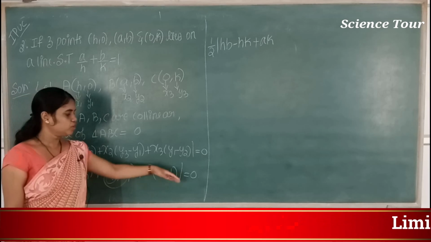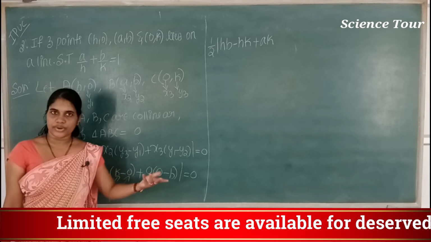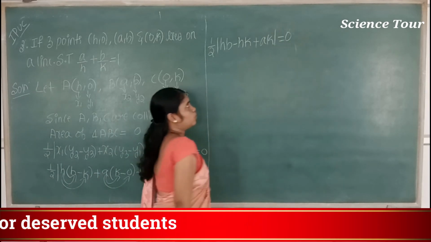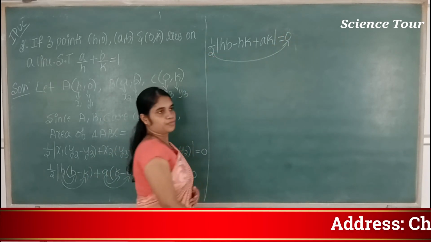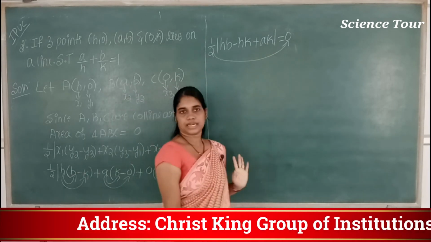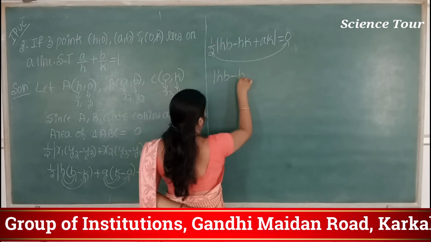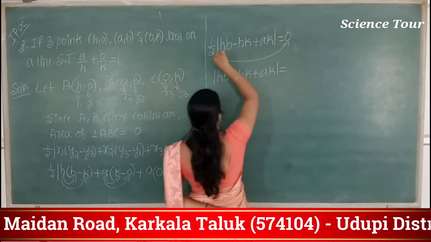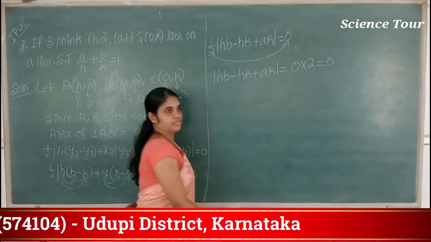Next 0 into 0 minus b: if you multiply 0 with any number, that is equal to 0 itself, so no need to write. Close the modulus symbol and write equal to 0. Now I'll multiply this 2 with 0 because 2 is in the denominator. Now you will get hb minus hk plus ak equal to 0 into 2, and 0 into 2 is nothing but 0 itself.